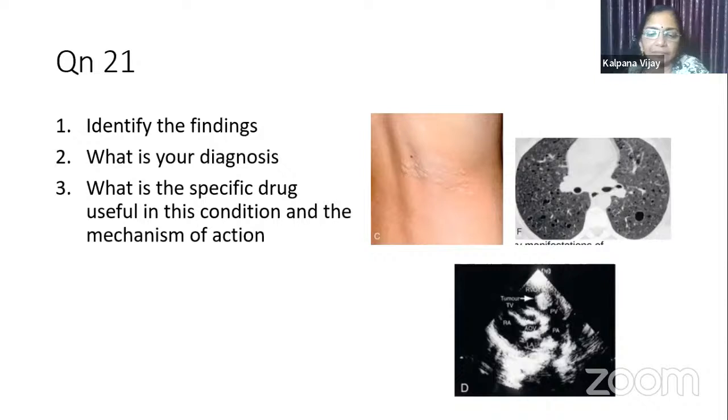Rhabdomyoma is the finding that will be seen in the early stages, even before birth you may get it, or after birth we'll see. After that, what will happen? Is it symptomatic? It can sometimes produce a heart block. But what will be the natural history? After 2 years, it may disappear. So rhabdomyoma is one that disappears. And what about leiomyomatosis? When does it appear?